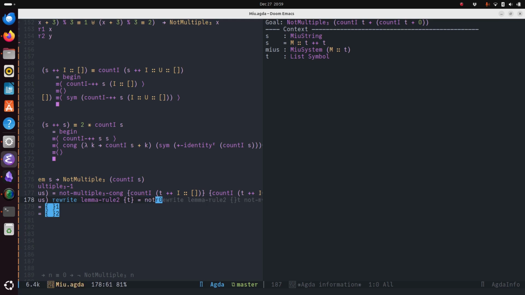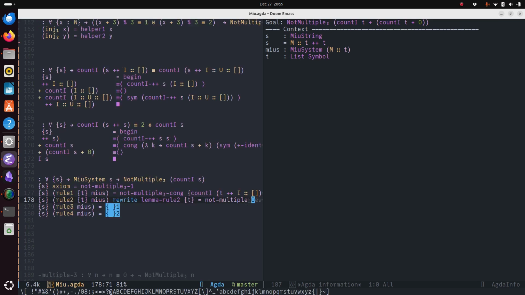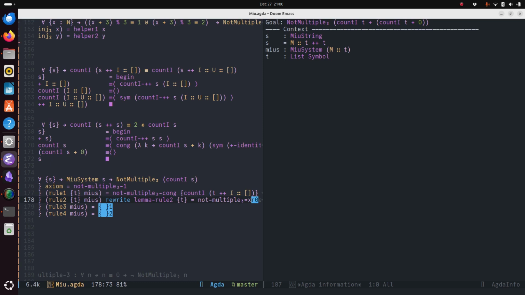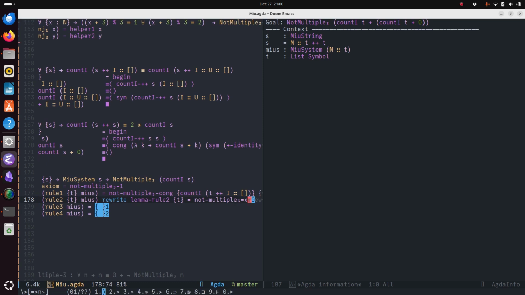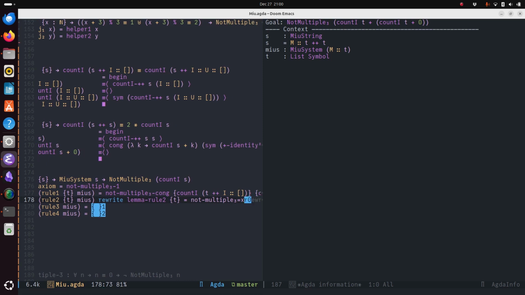So now we have already proved a lemma which says that x implies... Let me type it again.